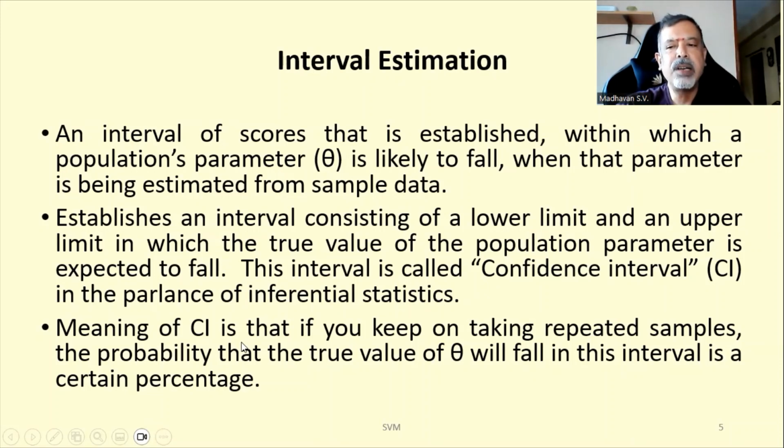The meaning of a confidence interval is that if you keep on taking repeated samples, the probability that the true value of theta will fall in this interval is a certain percentage. The popular confidence percentages are 95%, 99%, sometimes 98%, and also 90%.